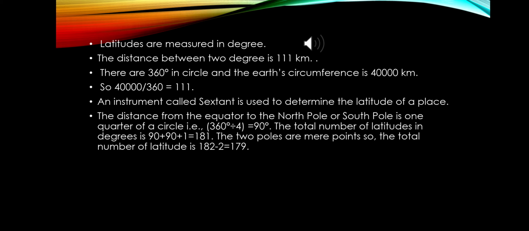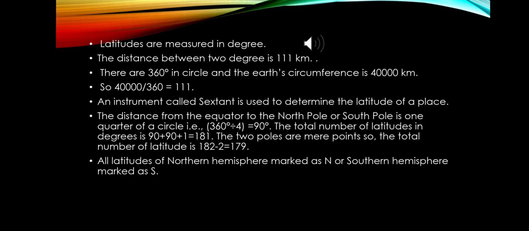So there are 181 latitudes, but the 2 poles, 90 degree North Pole and 90 degree South Pole, are mere points. So you have to subtract 2 from 181. So there are 179 total latitudes, and all latitudes in the northern hemisphere are marked as north, and all latitudes of the southern hemisphere are marked as south. Okay.